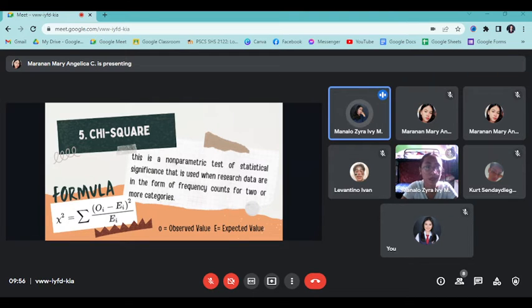So, formula of chi-square is chi-square equal to summation of O minus E squared over E. Next slide.